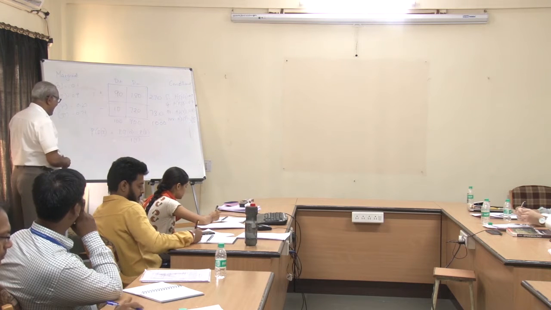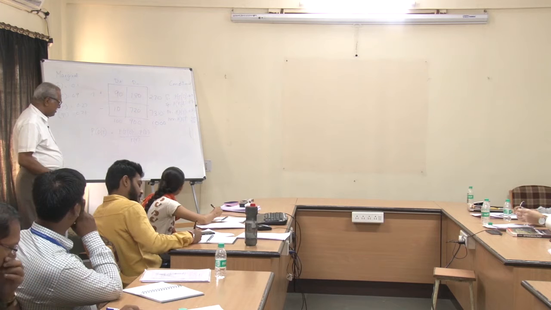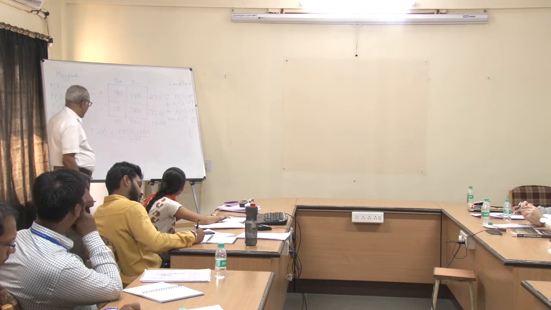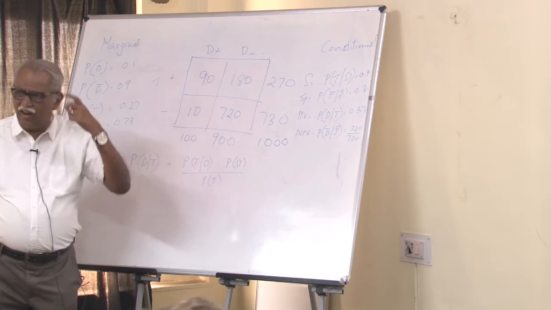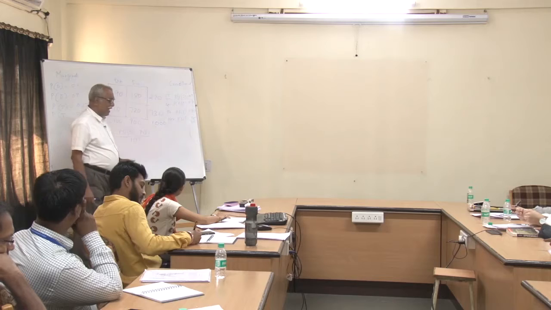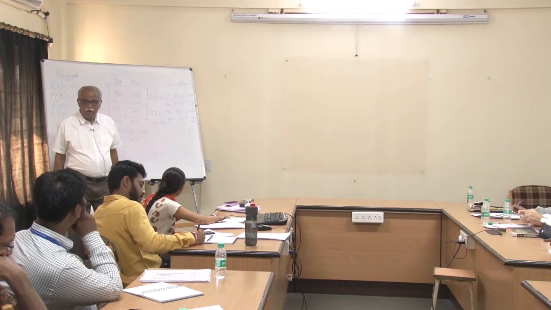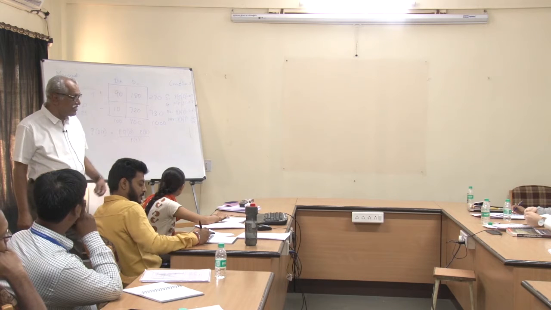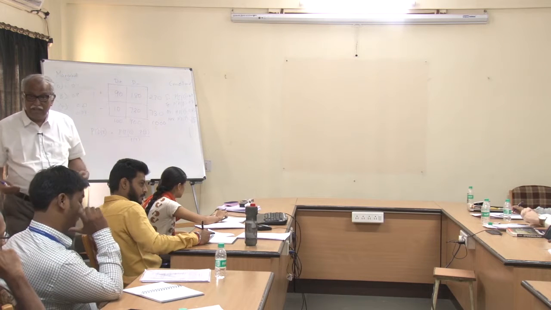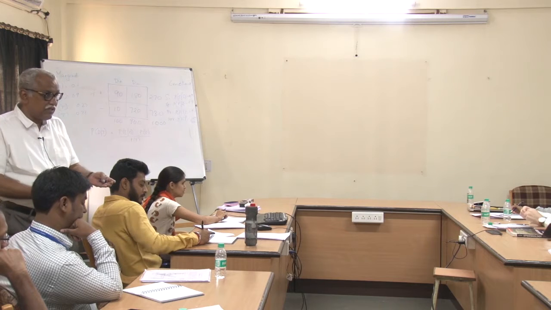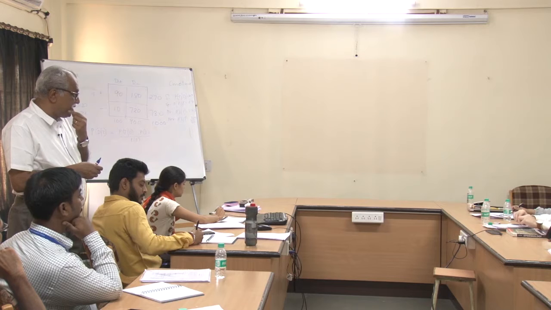All right. Now, I have a difficulty with this equation. I can figure out probability of disease from my clinical knowledge, but I can never figure out probability of test. Unless I have 1,000 people who have done a test and I can look at the data, here I know it because I've given the data. But in real life, a patient comes with the test positive. How do I know what is the probability of test?